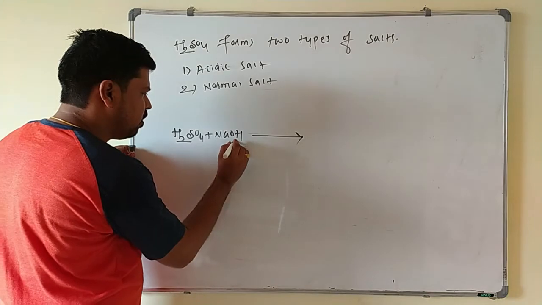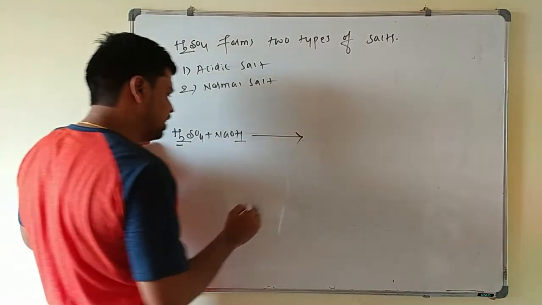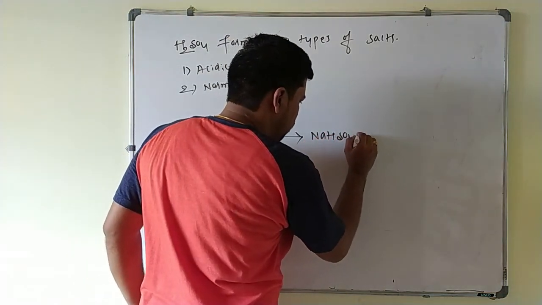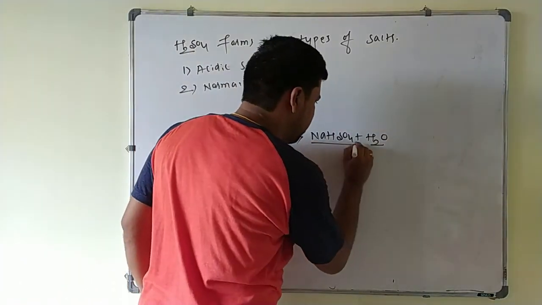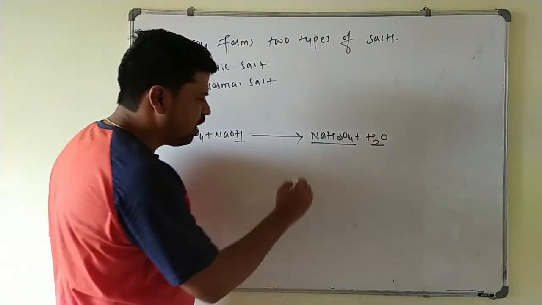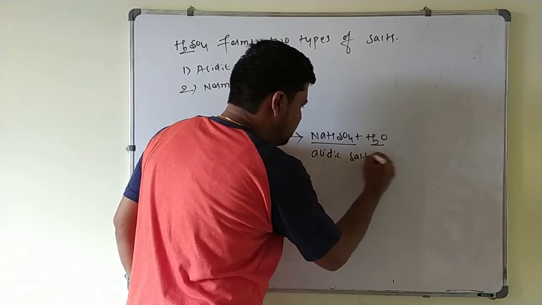what will it form here? You have to remove OH from the base and one H from the acid, so that you get NaHSO4 plus 1 water molecule. This is sodium hydrogen sulfate. In this one, still one acidic hydrogen is there, hence it is called an acidic salt.